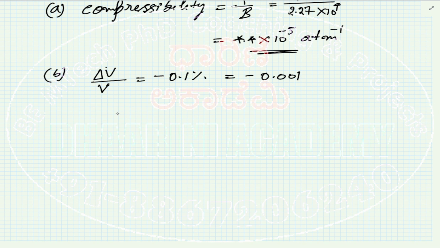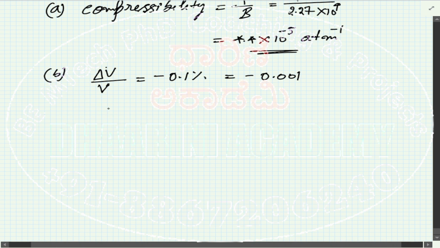I can call it delta P. Delta P, the change in the pressure, is B times delta V by V. So this is the equation. It's reducing, so minus.